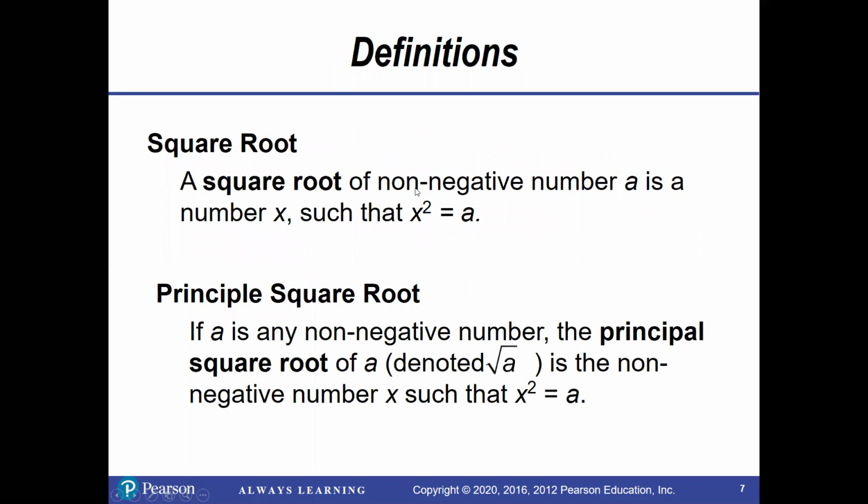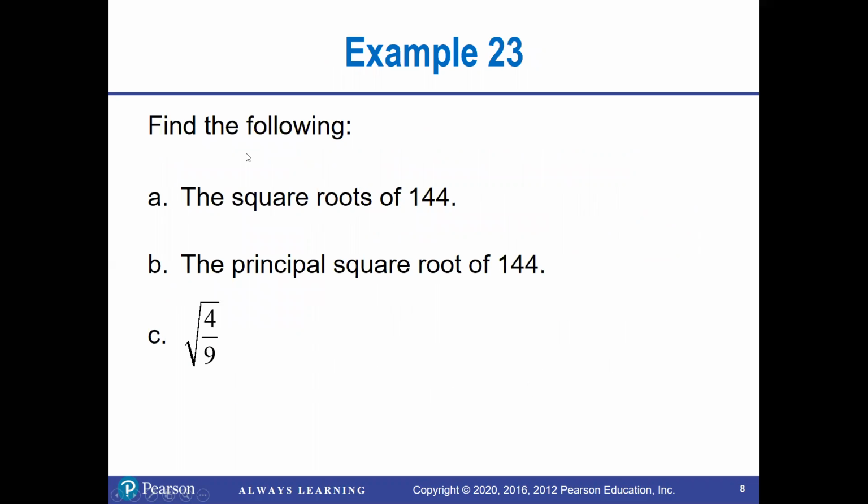The square root of a non-negative number a is a number such that x squared makes it a. If a is any non-negative number, the principal square root is denoted as the square root of a. So the square roots of 144 are 12 and -12, and when I take the square root I get two different answers.